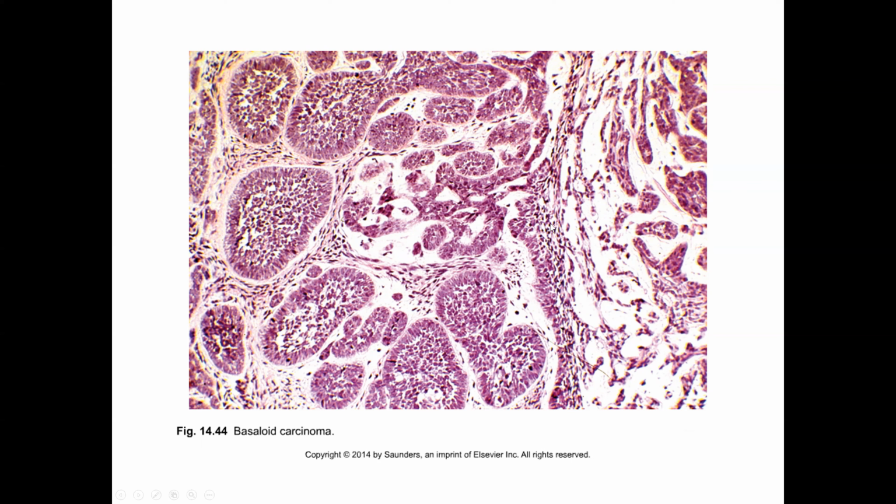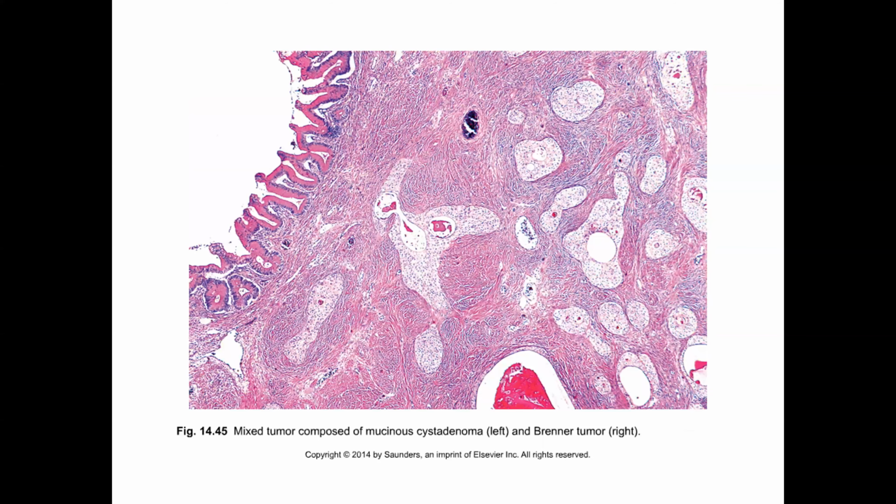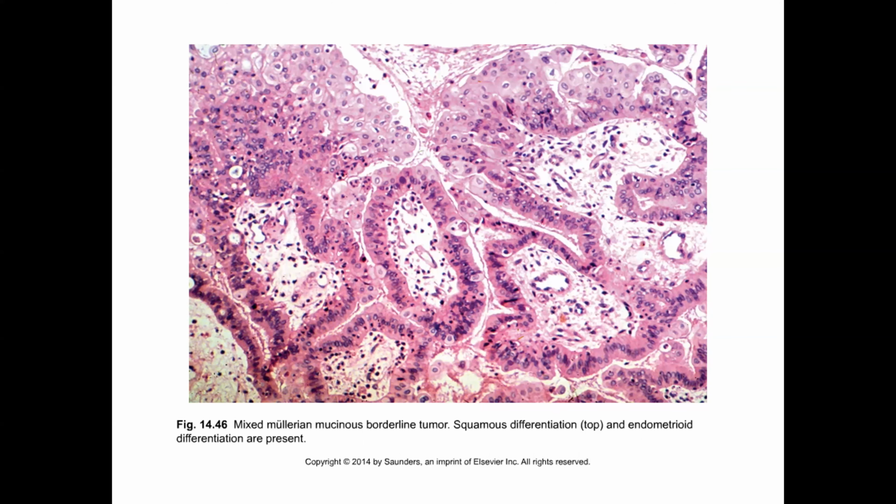These, of course, perhaps more commonly would be associated with a germ cell tumor where you're going to have squamous elements and so forth. So finding them de novo would be unusual. Here's a mixed tumor composed of mucinous cystadenoma with a Brenner tumor here coming along with it. So various wild combinations can occur. And here's a mixed tumor with squamous differentiation here on the surface and endometrioid differentiation down below.